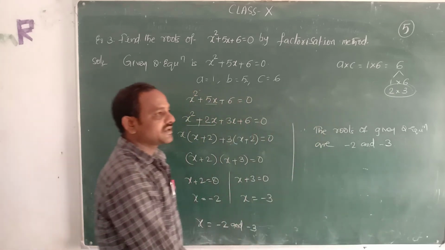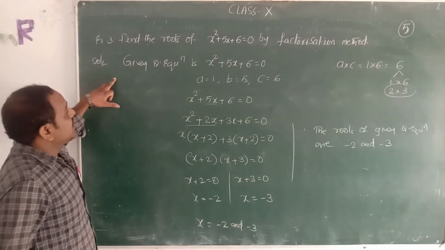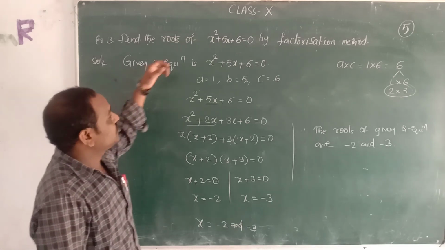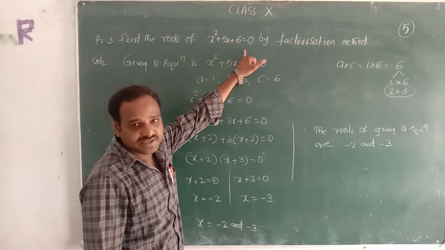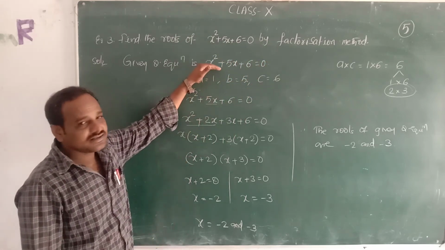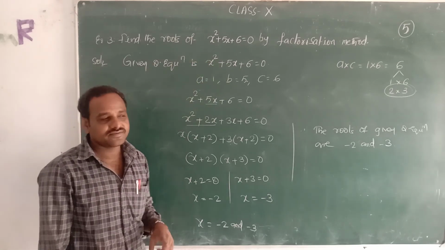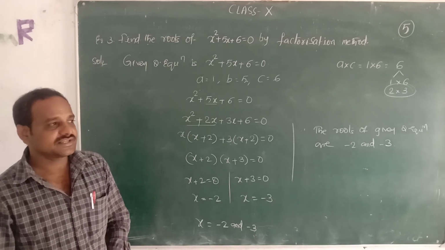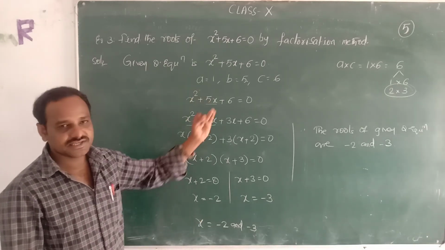You understand? Once again listen carefully. Here the question asked us to find the roots of the quadratic equation x square plus 5x plus 6 is equal to 0. So we compared that quadratic equation with the general form ax square plus bx plus c equal to 0. Then we got a equal to 1, b equal to 5 and c equal to 6.